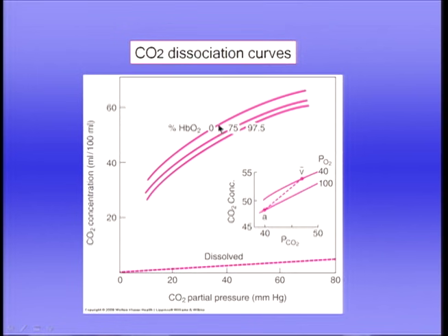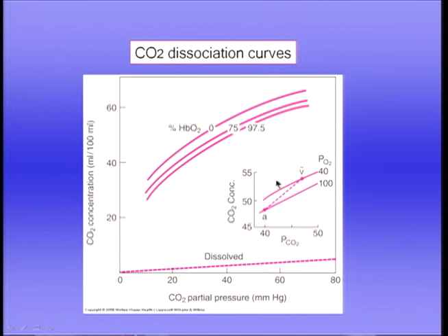We mentioned that before when we were talking about the uptake of CO2 by the red cell, and that is the Haldane effect. So that when you've got no oxygen in the red cell, you can take up an enormous amount of CO2, but even mixed venous blood with an oxygen saturation of 75% can take up more than arterial blood with an oxygen saturation of 97 or so percent.